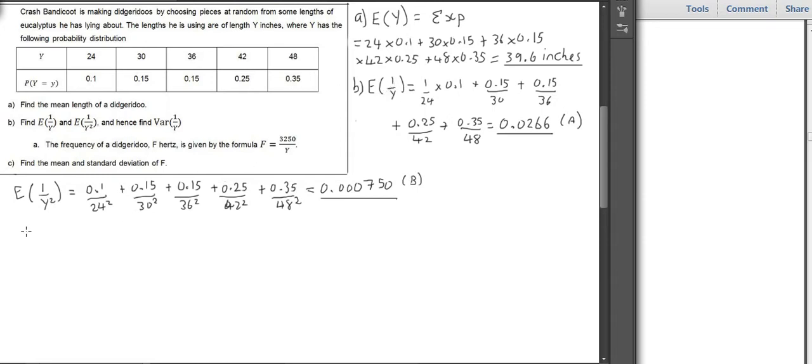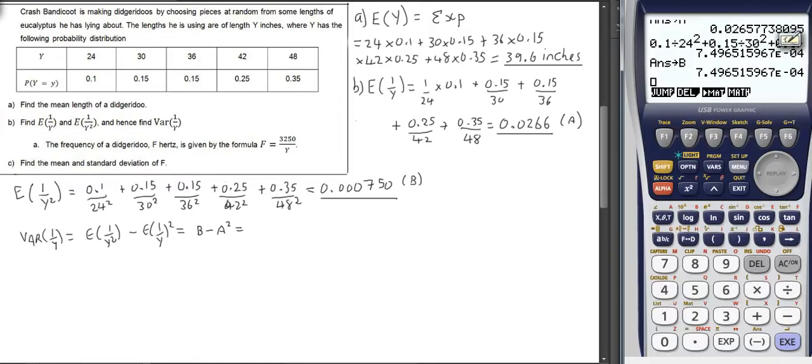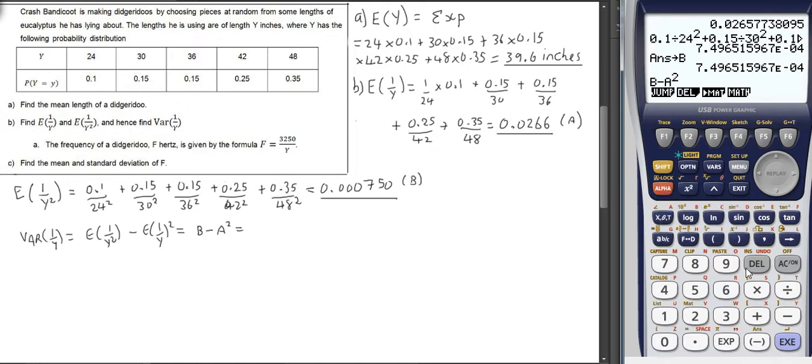So the variance of 1 over y is E of 1 over y squared minus E of 1 over y, squared, which is B minus A squared. And the examiner will be fine with that because we've called them B and A, so it's going to work fine.